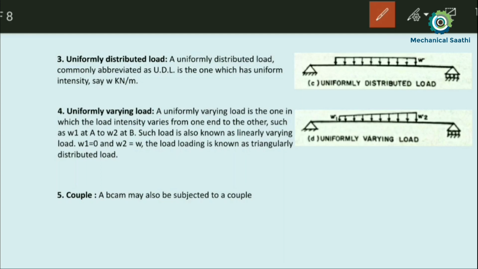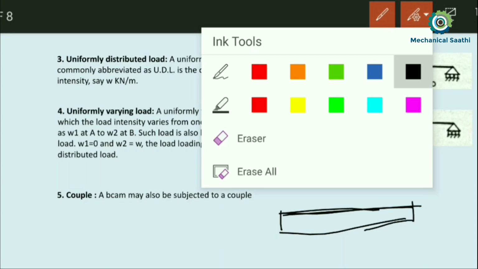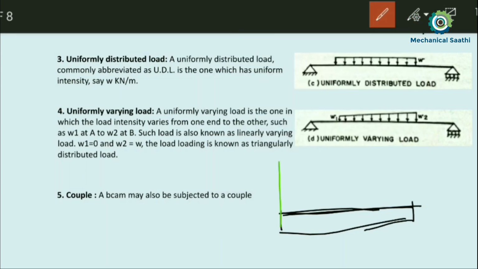Let me draw any structural member, and let us apply some force F over here in the downward direction, and another force, also F, in the upward direction.